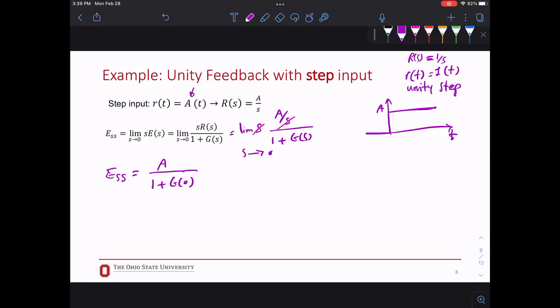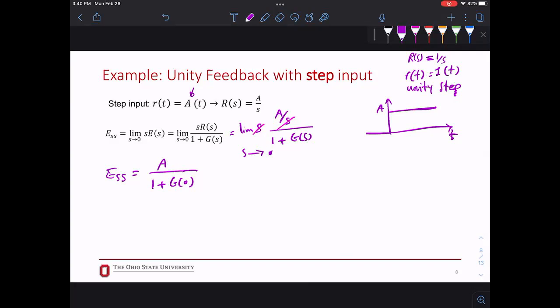Right? So this means that the error depends on the transfer function of the open loop, the actual system, when S goes to 0, which is when T goes to infinity.